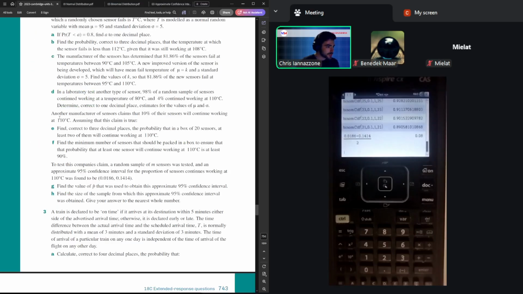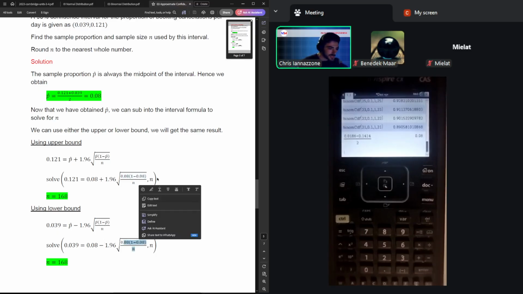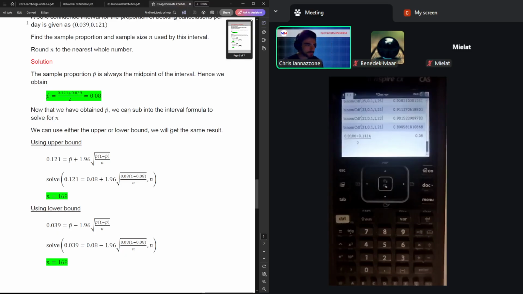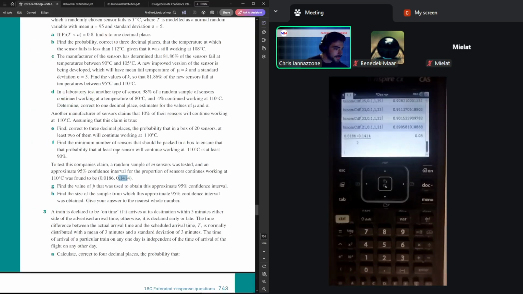So if we know our upper bound, for instance, is 0.14, then we would be setting 0.14 equal to 0.08, which, funny enough, is actually the exact same p hat that we have, plus the z term, if we're using the upper bound. If we're using the lower bound, we do the minus version instead. Everything else from there is the same, and you just solve from there. Both of those will give you the exact same n value. So you have a bit of a choice there, basically. You can use upper or lower.